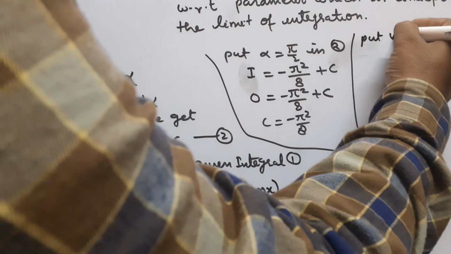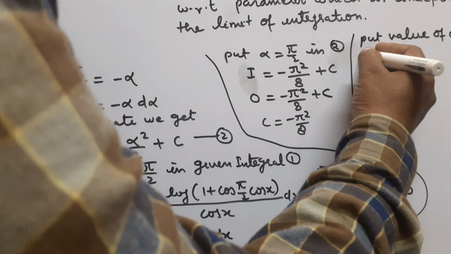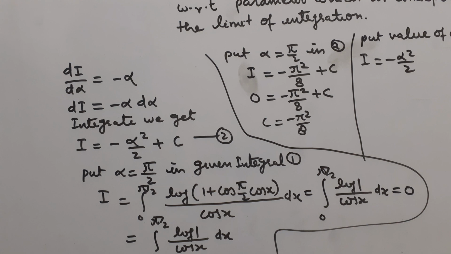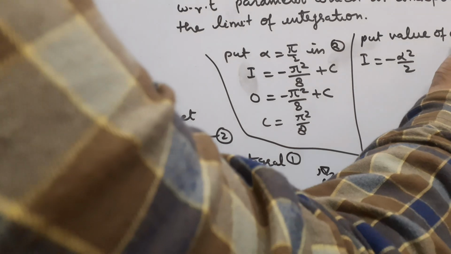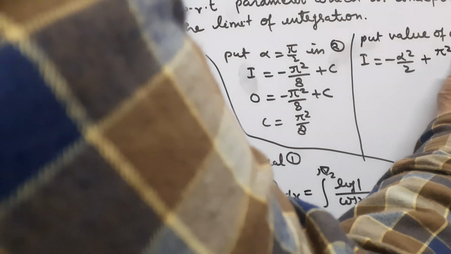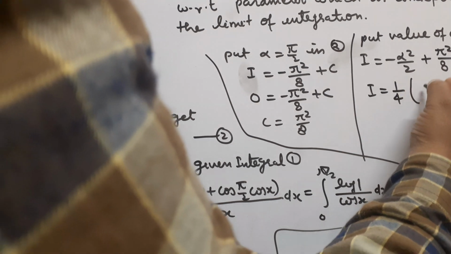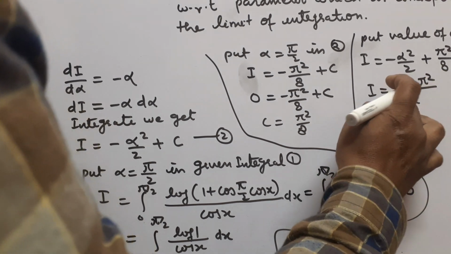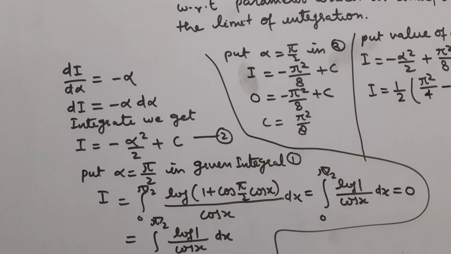Put the value of c in 2, we get I is equal to minus alpha square by 2 plus pi square by 8. Now we take common 1 by 2, so this is pi square by 4 minus alpha square.